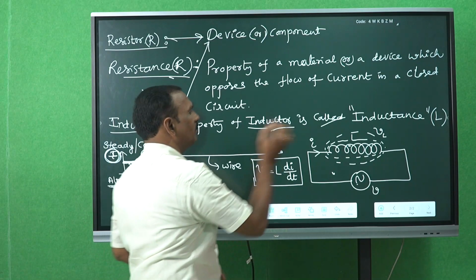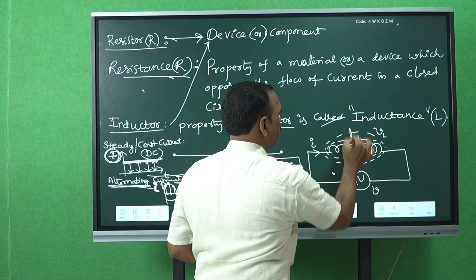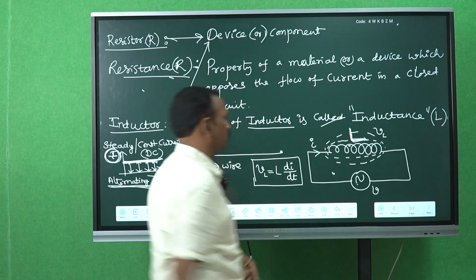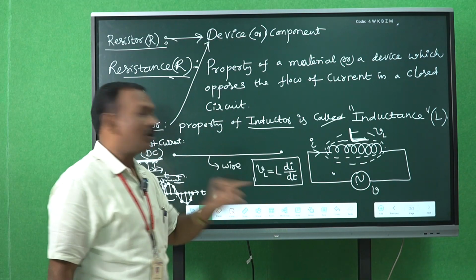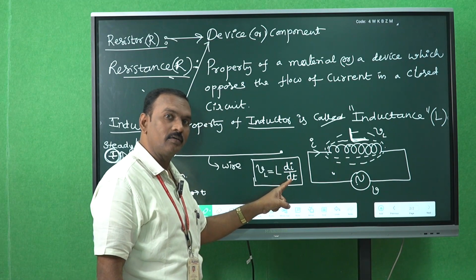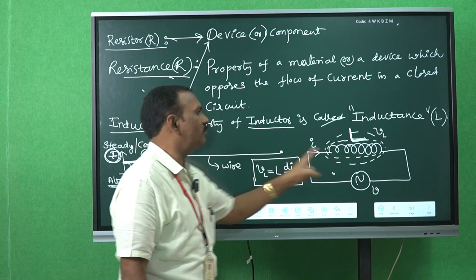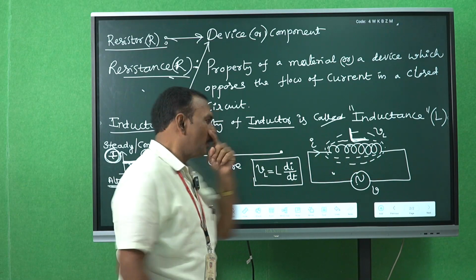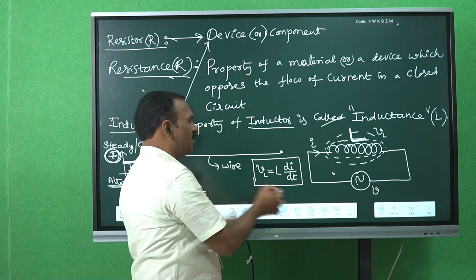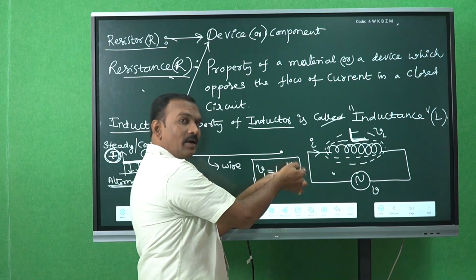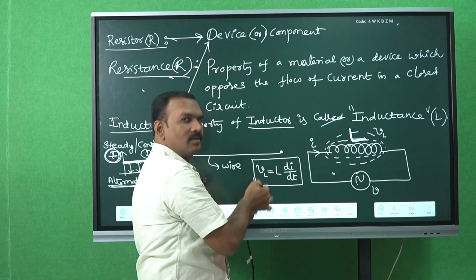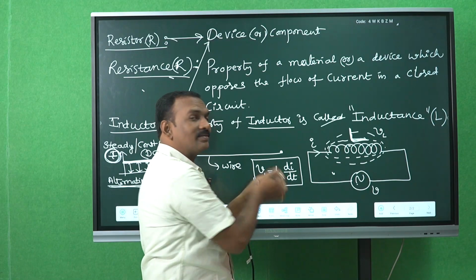This L is the inductance of that particular coil, and di by dt is the rate of change of current passing through the inductor. If di by dt increases, VL increases. If di by dt decreases, VL decreases. Why? Because the inductance L is constant.